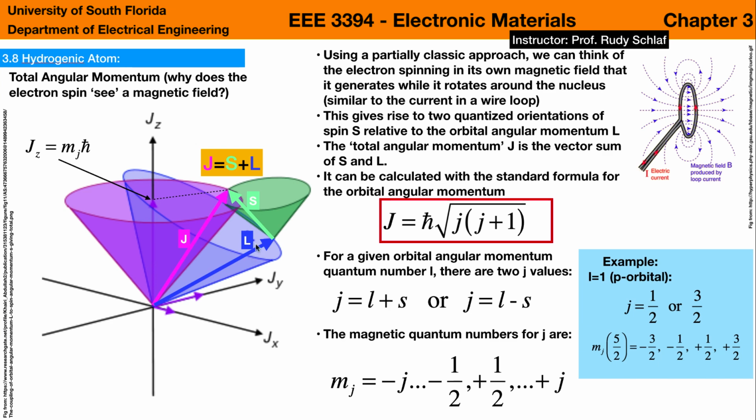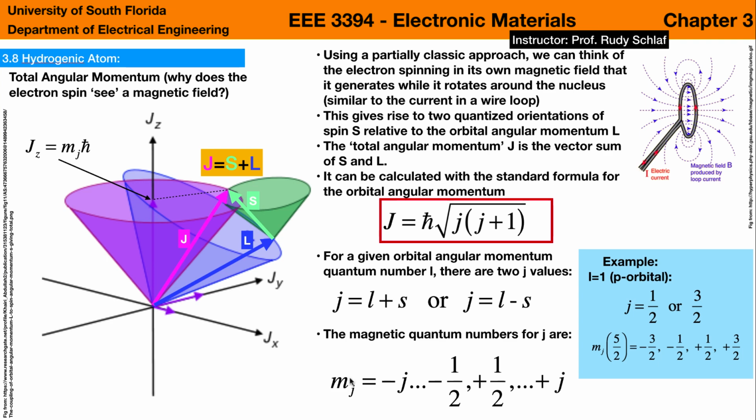You see that here in this nifty graph that I found. Here we have the original orbital angular momentum vector, and then we add the vector for the spin angular momentum, and the combined vector, that is J. If we put the atom into an external magnetic field, then again J splits up into various quantum states that are quantized along the direction of the magnetic field.